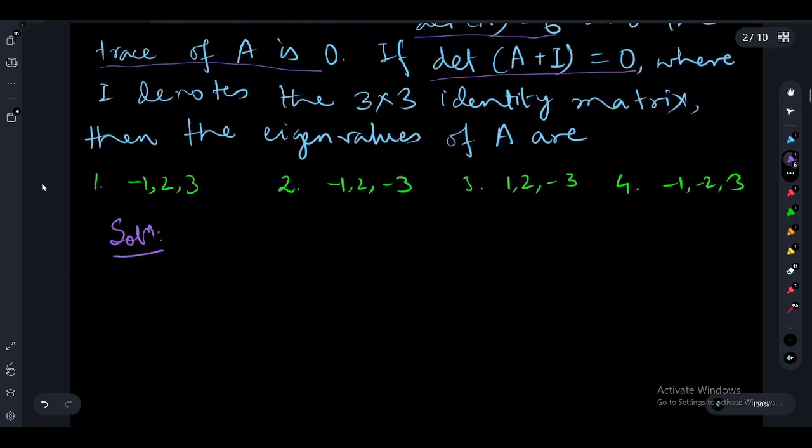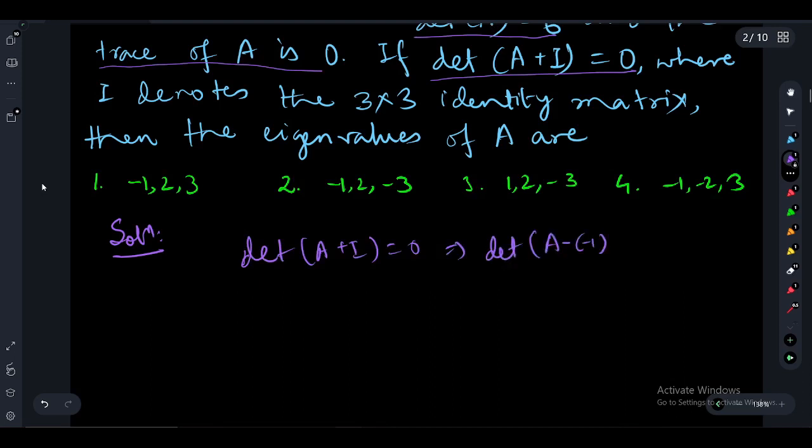Using the determinant of A plus I equals 0, we can write this as the determinant of A minus (minus 1) I equals 0. So from there we can say that minus 1 is an eigenvalue.